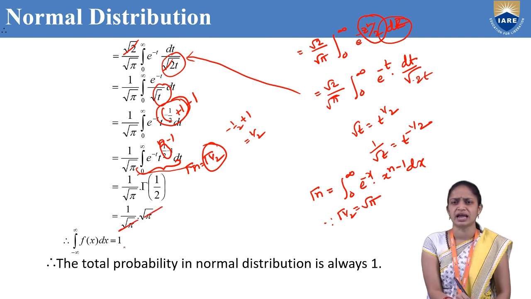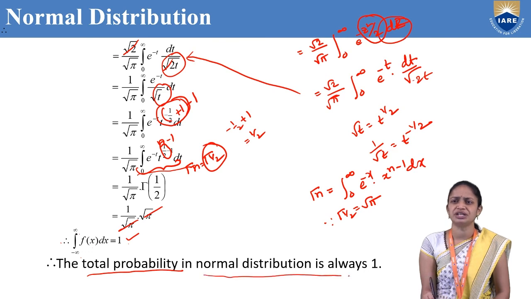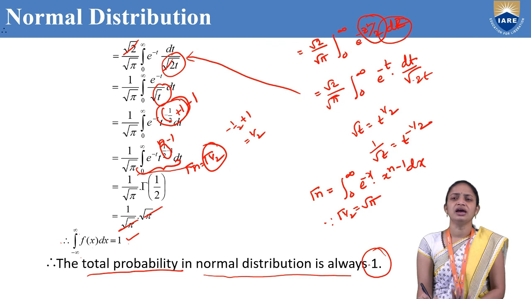Root pi gets cancelled and we will get 1. Therefore, the integration over minus infinity to infinity of f of x dx equals 1. This is nothing but the total probability. The total probability in the normal distribution is always equal to 1, that means it is unity.